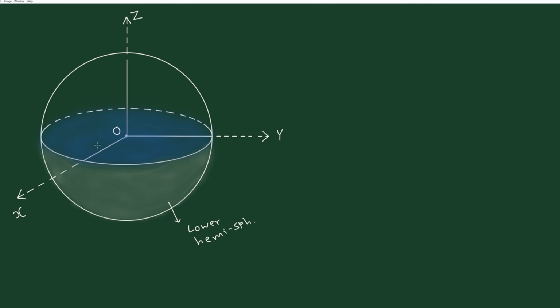Now once this is clear, we need to identify where is the radius of the sphere r, where is theta, which is the angle that we are planning to have in the case of the spherical system, and then where is phi. So we need to identify where the three variables are in a sphere.